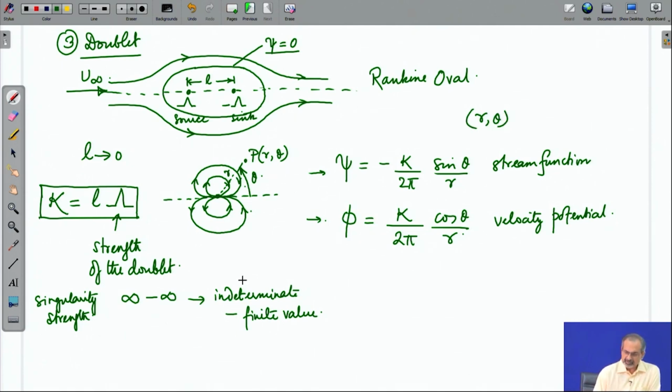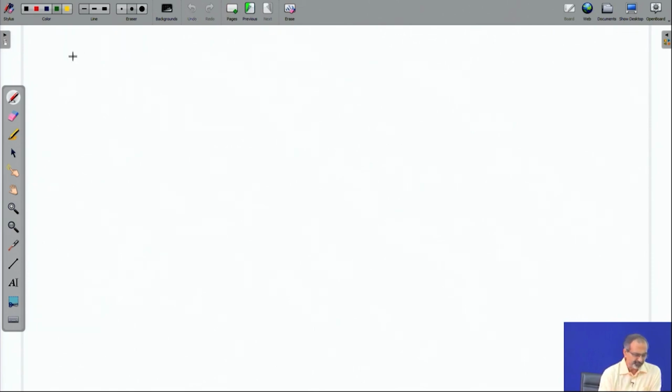Now, using this concept of doublet, we can look at the flow past a cylinder, where at the center of the cylinder we place a doublet, which would create the patterns that we already looked at.